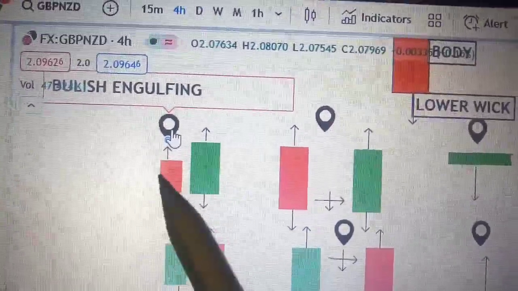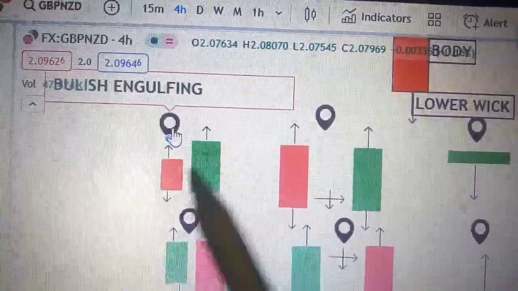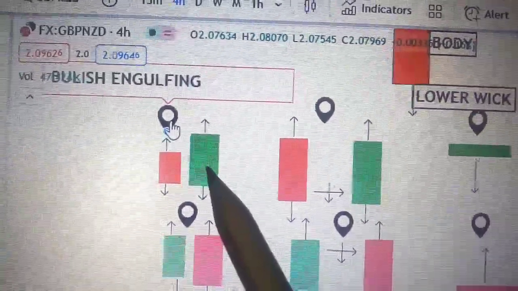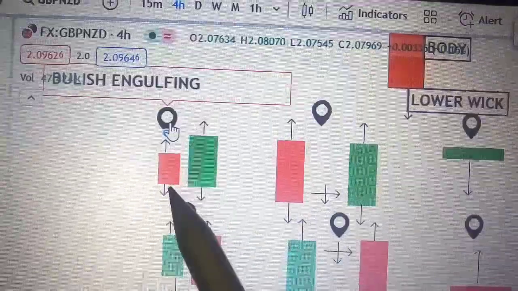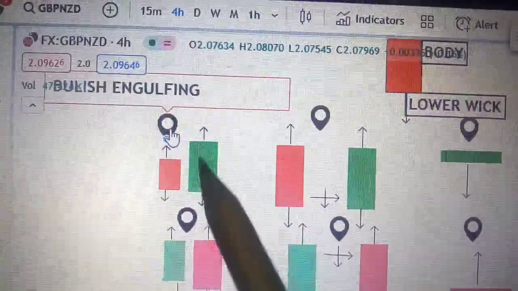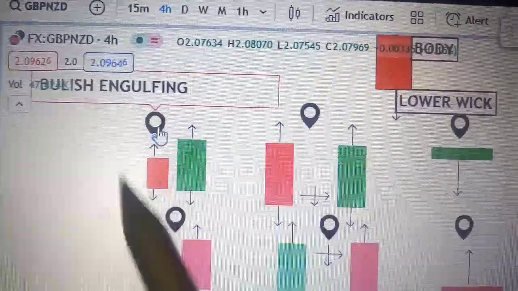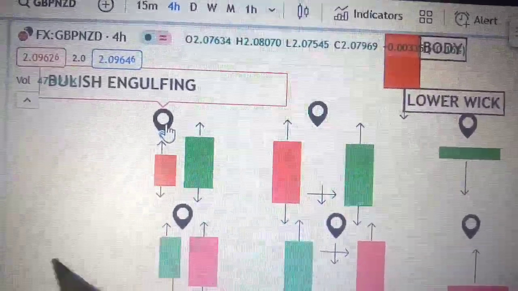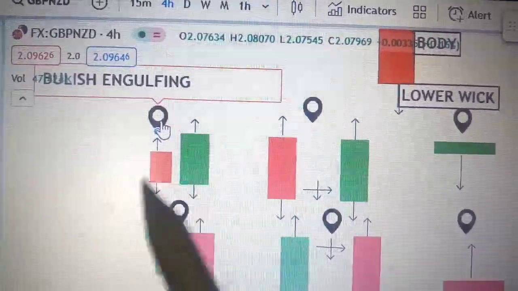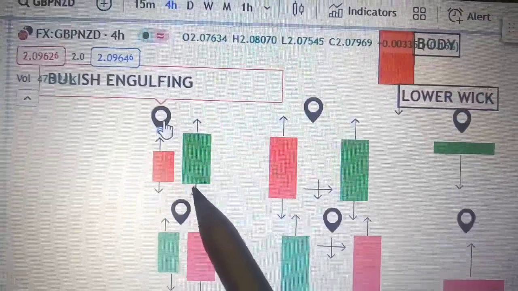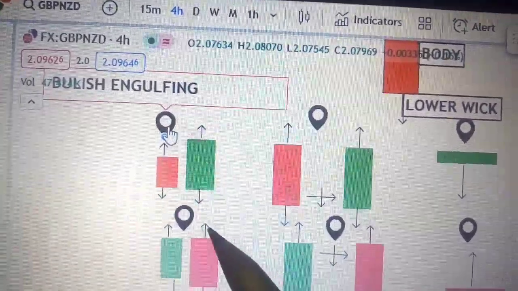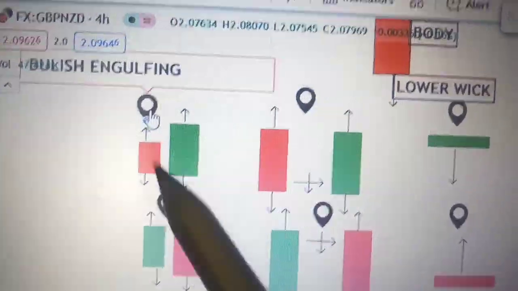It doesn't matter by how much, as long as the green candle is longer than the red candle, we call it a bullish engulfing candle. And this type of candle suggests that the buyers are very strong and they are willing to push the market up, there is presence of buyers in the market. So after analyzing the chart and you spot this kind of candlestick, at least it shows you that the buyers have momentum and they can push that market up.